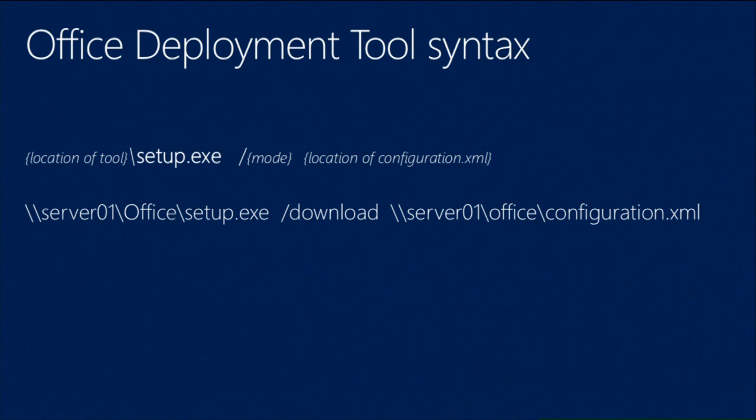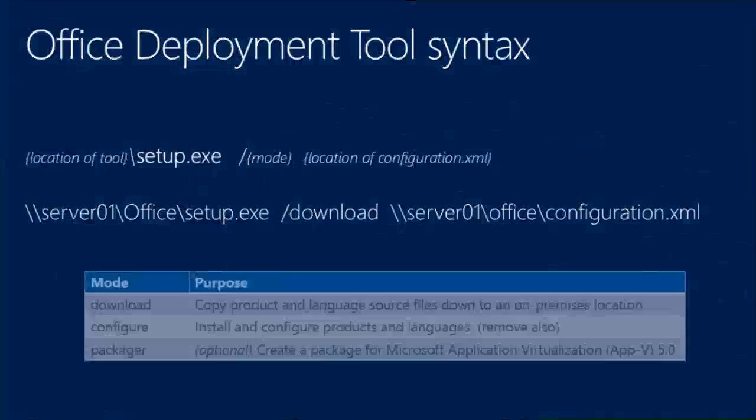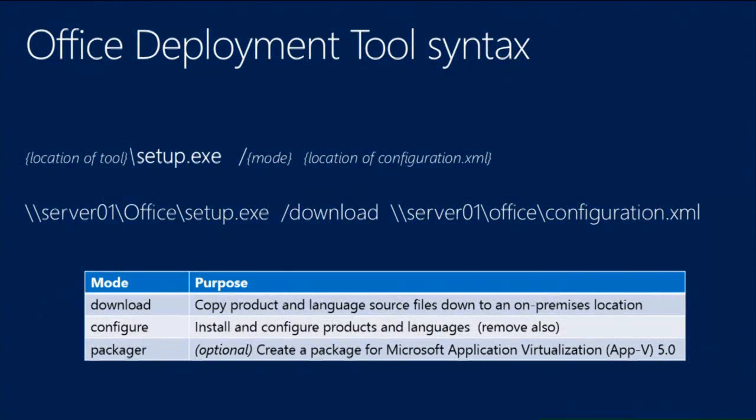I can do that and have it download to another location if I want. Right? So anytime I've got a location, that's where it's downloading to. Whereas if I do a configure and install, that location is where I install from. Right? Same path, same syntax, except download means it goes there, install means it comes from there. So that's how I'm doing the installs without being connected to the internet on this other machine.